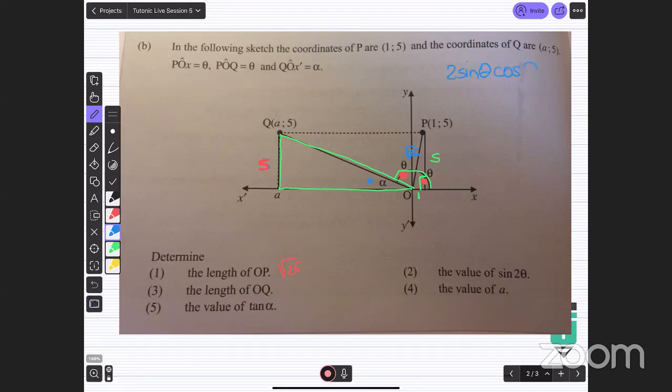Yes. So what is sine theta in this case? What triangle are we looking at? The green one. You can use this one because we've got a lot of information in this triangle.